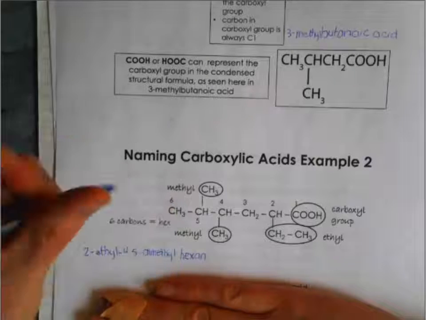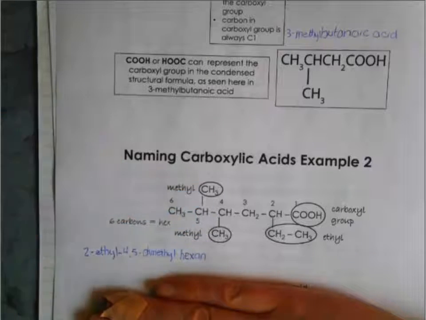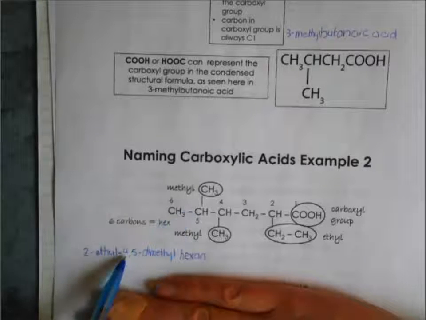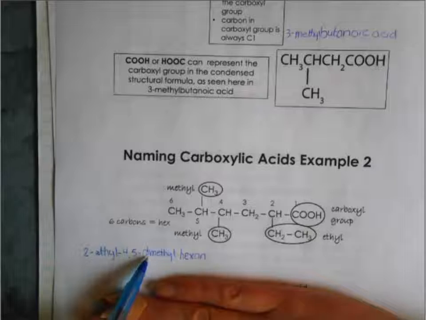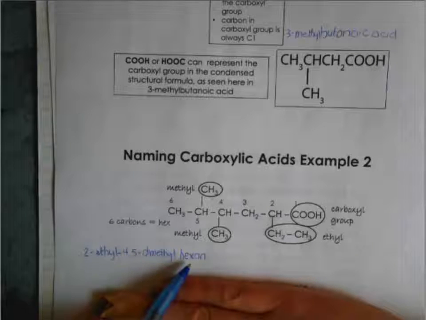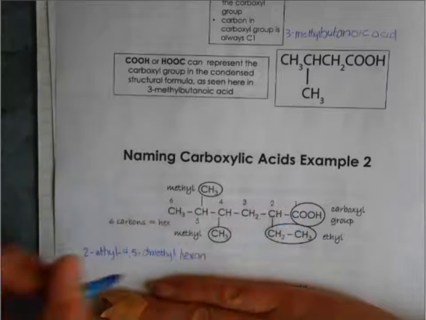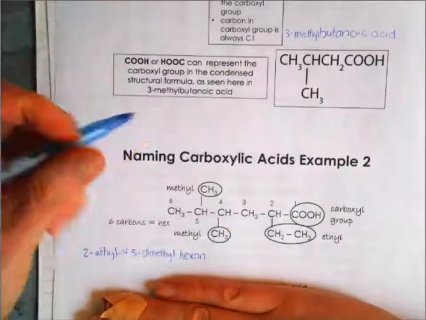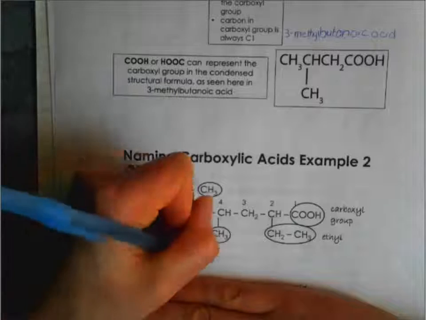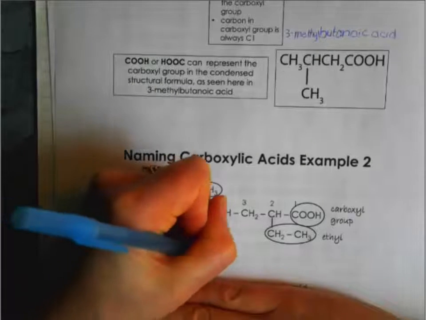That's the tricky part: if there's more than one of the same group, you give their positions separated by a comma, and you also have to include that prefix to say how many of them there are. So di, and then the name of the group. So dimethylhexane. Now we've done everything on there that's different. Now we just have to finish off the name to show that it's a carboxylic acid. So dimethylhexanoic acid.